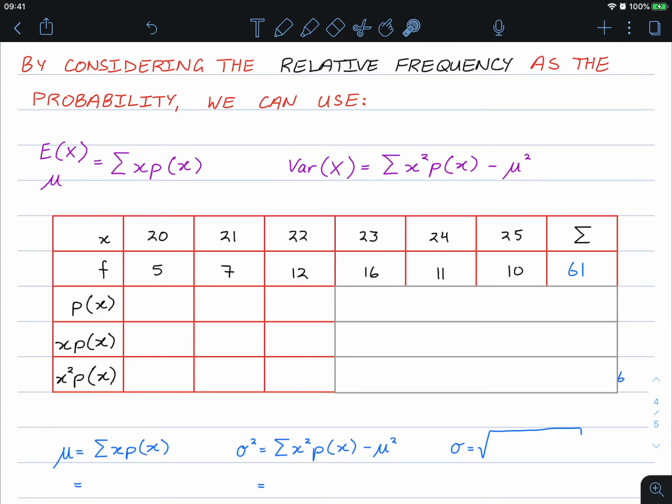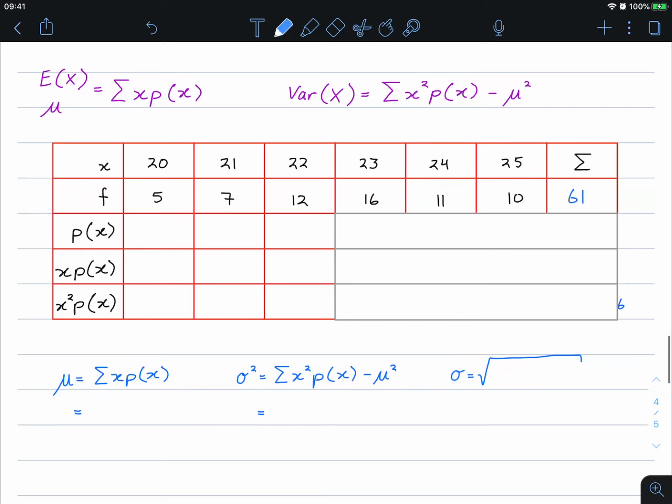The sum of the score times the probability gives the expected value or the mean, mu, and the variance is the sum of x squared times the probability, minus mu squared. So let's get to doing this quick example. First we need the relative frequency or probability of each score.